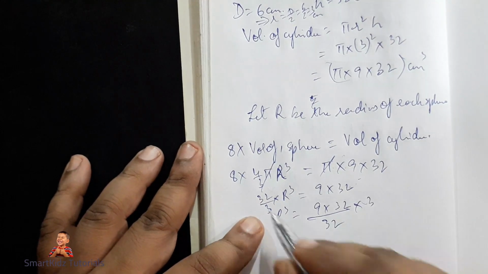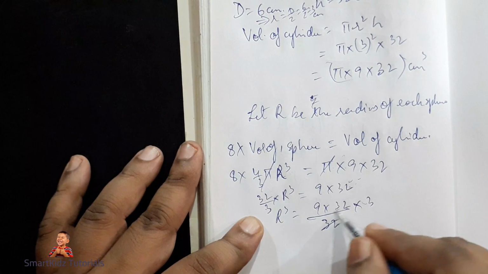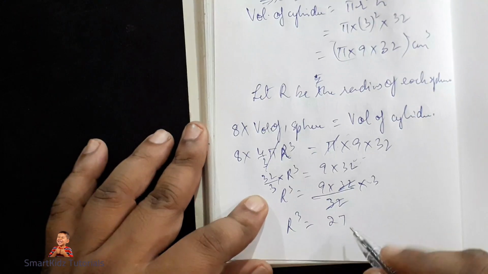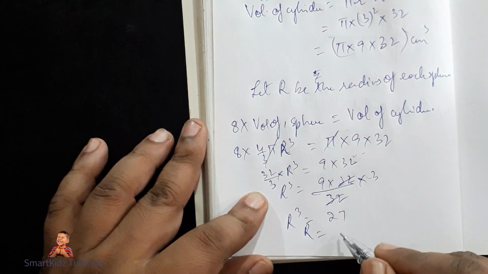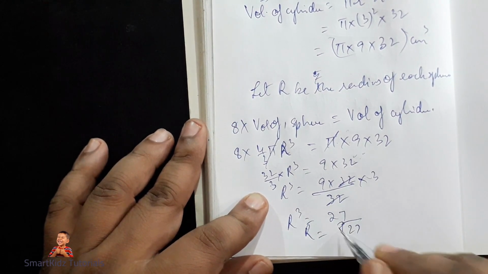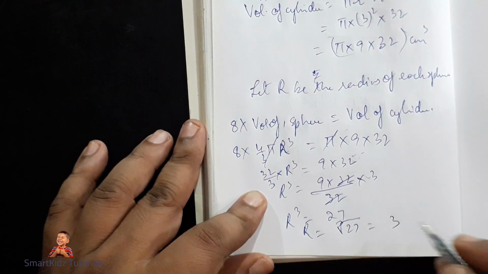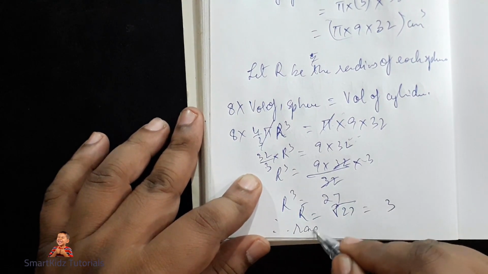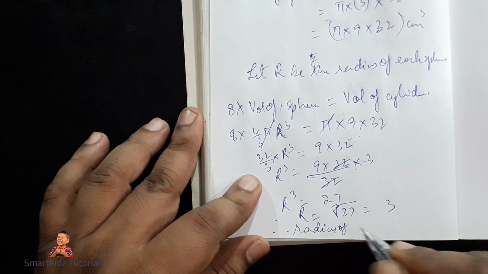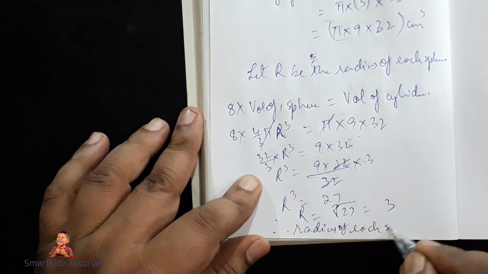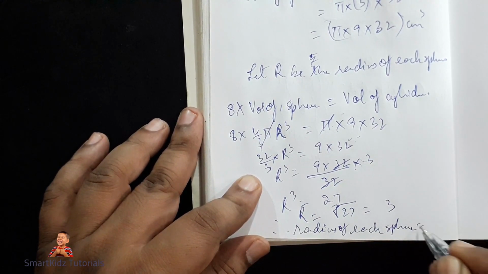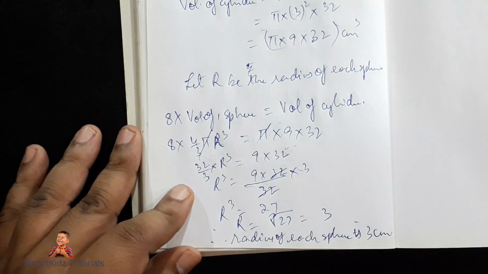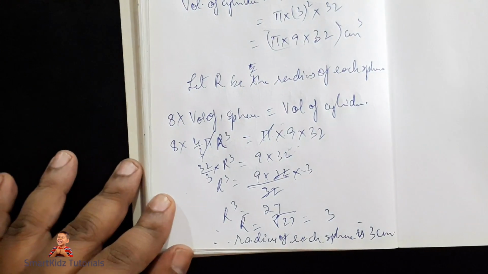The 32 cancels, and we get R cube equal to 27. So R equals the cube root of 27, which is 3. That means the radius of each sphere is 3 centimeters. So that's how you find this answer, and it is for 2 marks.